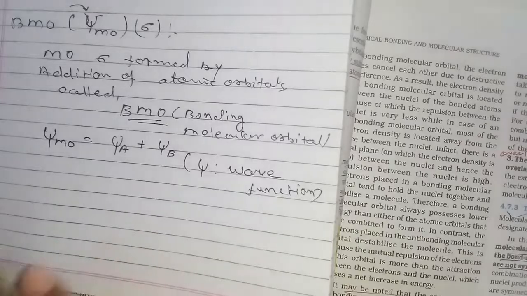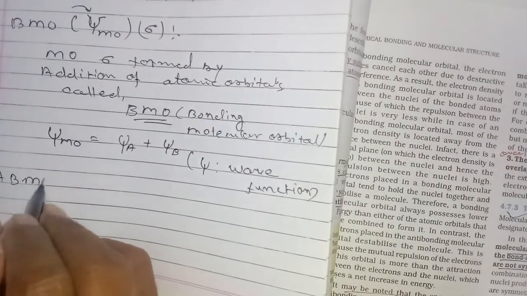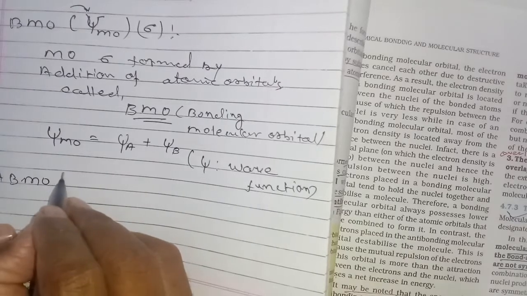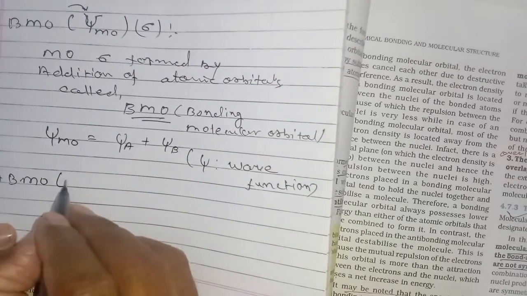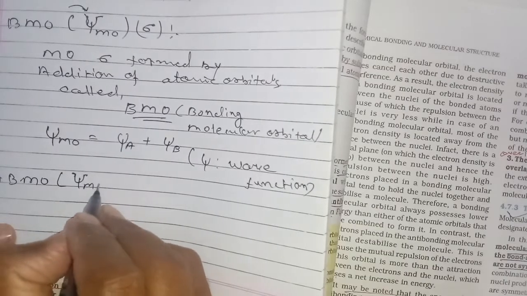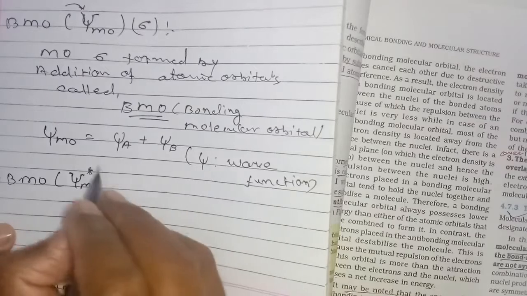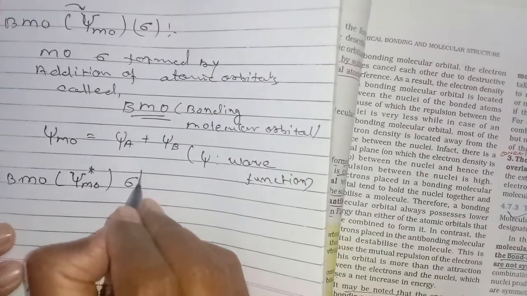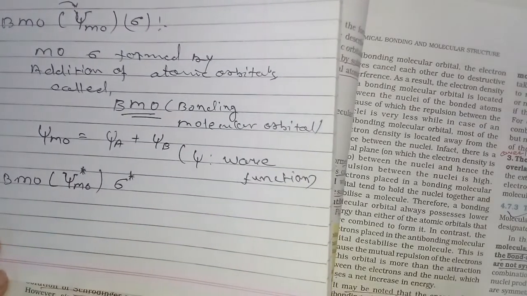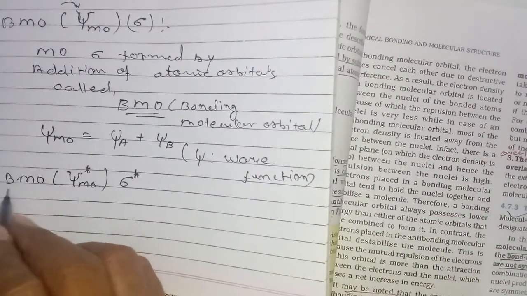Then the ABMO, the antibonding molecular orbital, is represented by psi asterisk, or sigma asterisk.